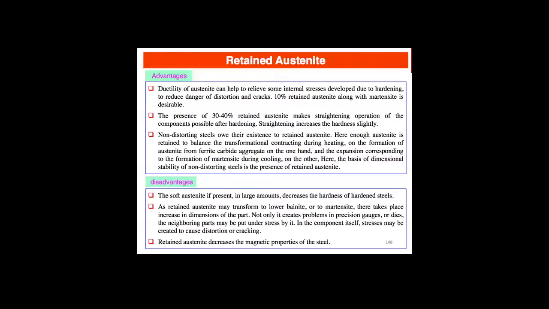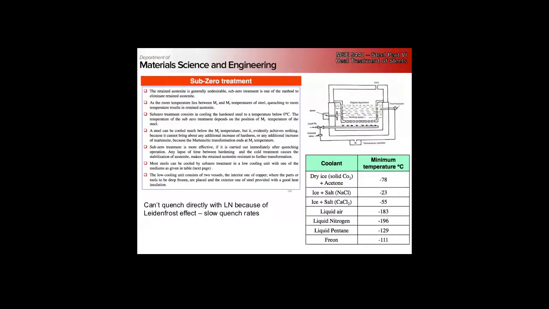So for steels that have martensite finish temperatures below room temperature, they're given what's called sub-zero treatment. Basically, you come down to room temperature, and now you've got this bath here, filled with some sort of organic solvent that's cooled by liquid nitrogen.